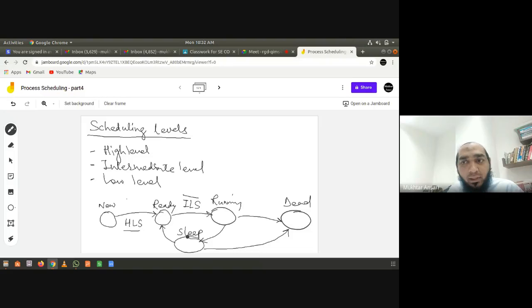You remember this thing. So after IO access, it will come back to the ready state, not to the running state. So when it comes to the ready state, this particular scheduling is known as low level scheduling. This low level scheduling is performed between the sleep or waiting state to the ready state. Okay. Just याद रखो कि scheduling कहाँ पर हो रही है.